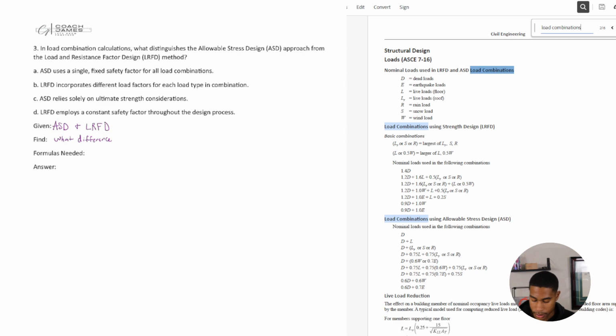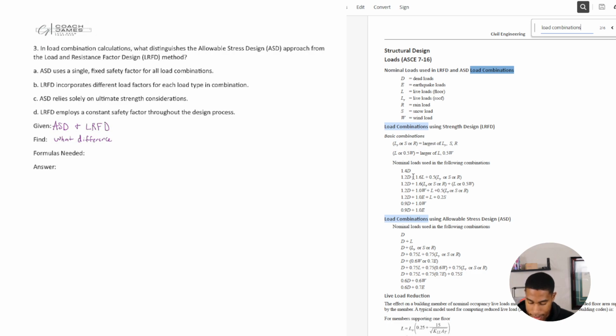So, are there any formulas that we need? Not really. We're just going to go into this. I mean, we have the comparisons up as well. So if we need to use a formula, we can look and see.